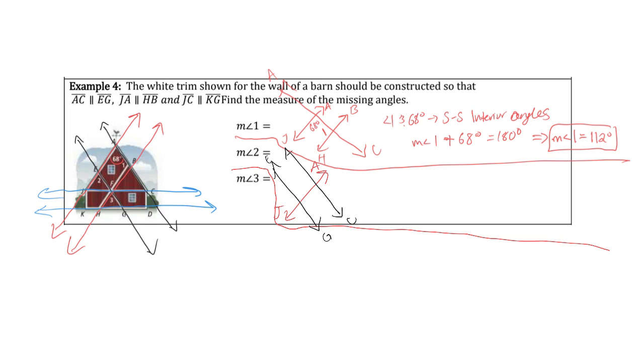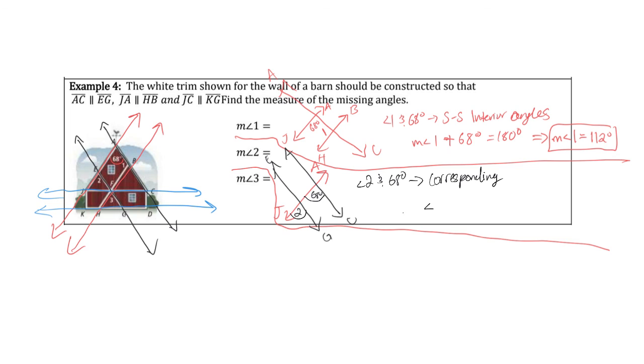Here we have 68 degrees, and here we have angle 2. These are both in the bottom right of our two parallel lines, so angle 2 and 68 degrees are corresponding, meaning they're equal.